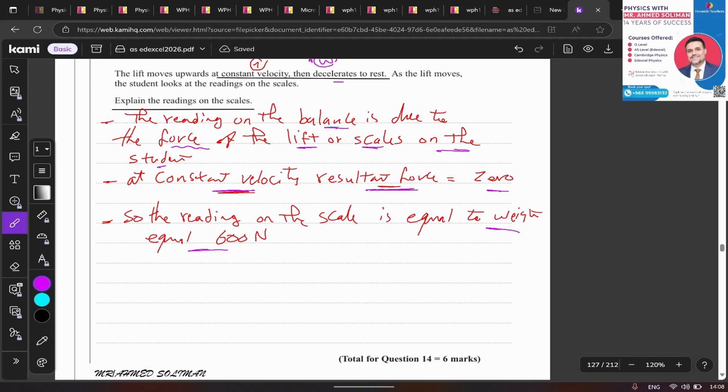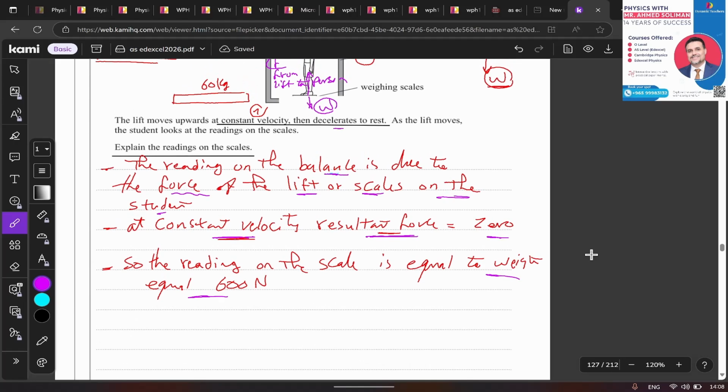Mister, can you go through it step by step quickly, please? The reading on the balance is due to the force of the lift or the scale on the person. While if the lift is at rest or moving with a constant speed, the resultant force equals what? Zero.